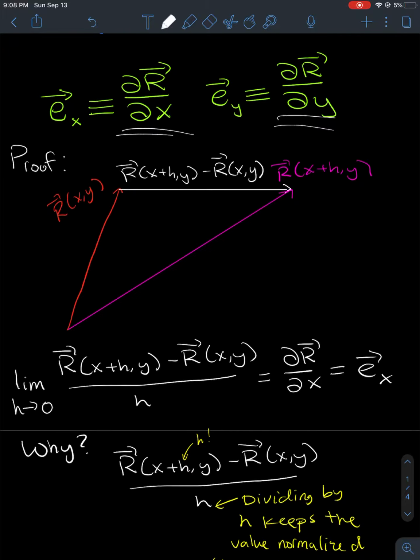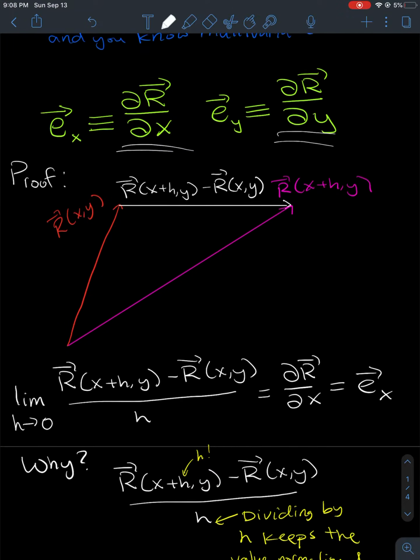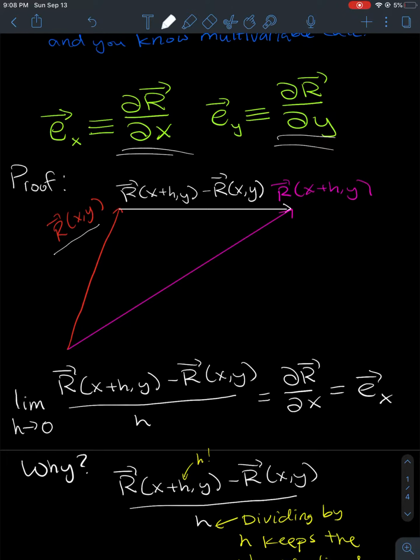Now in this proof you have to set up a few things first. Here R is what's called a position vector. R(x, y) just means a vector R going to the point x, y. That's all it means.